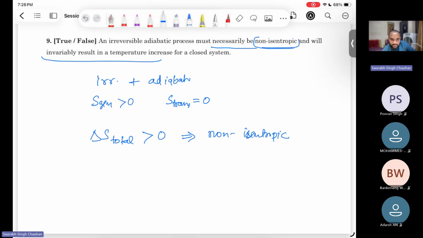For example, this perfectly insulated water bottle I gave. If you are shaking this bottle, there will be some viscosity inside the water, right? Because of that viscosity, whatever energy you are providing in the form of shaking, some work transfer, will be dissipated as heat. Why dissipation? Because there is friction.